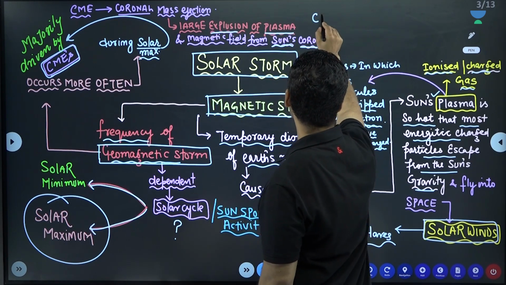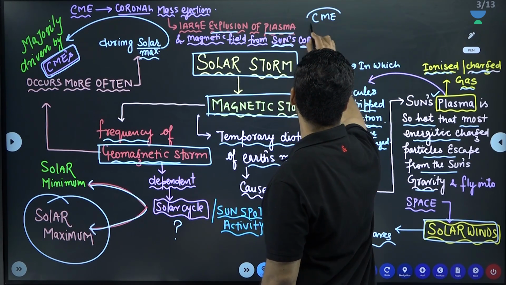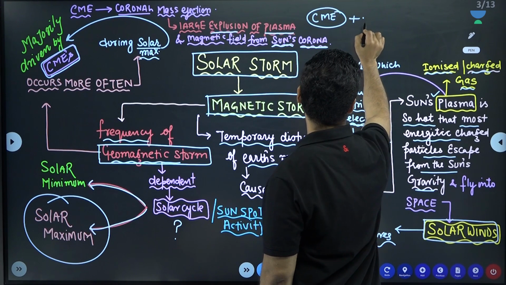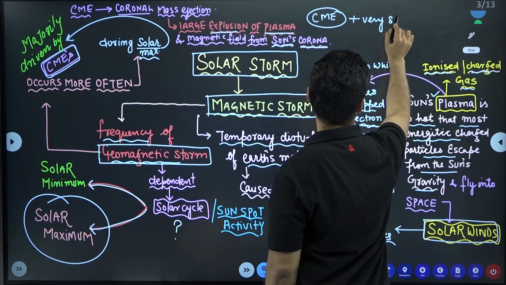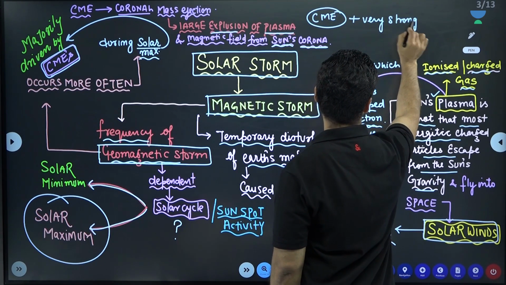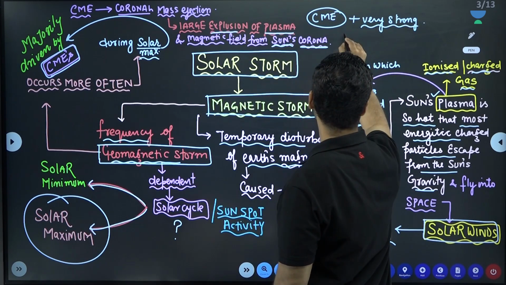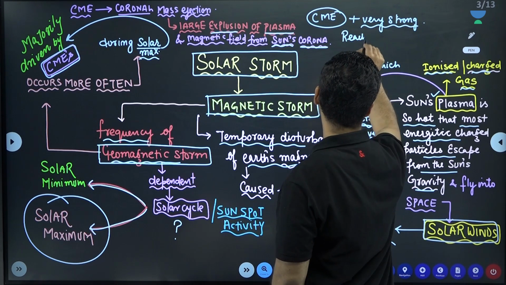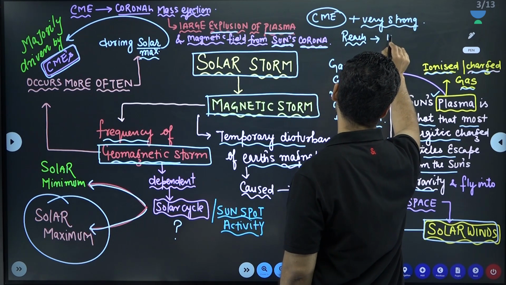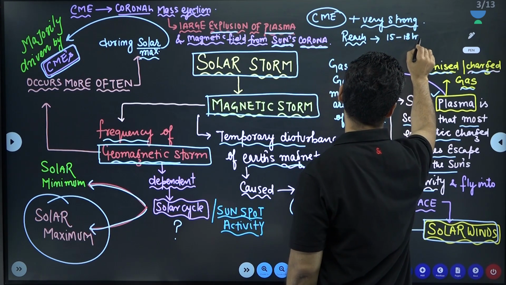Now, this CME is very strong, even stronger than plasma. When it is at maximum, it can reach Earth within 15 to 18 hours.